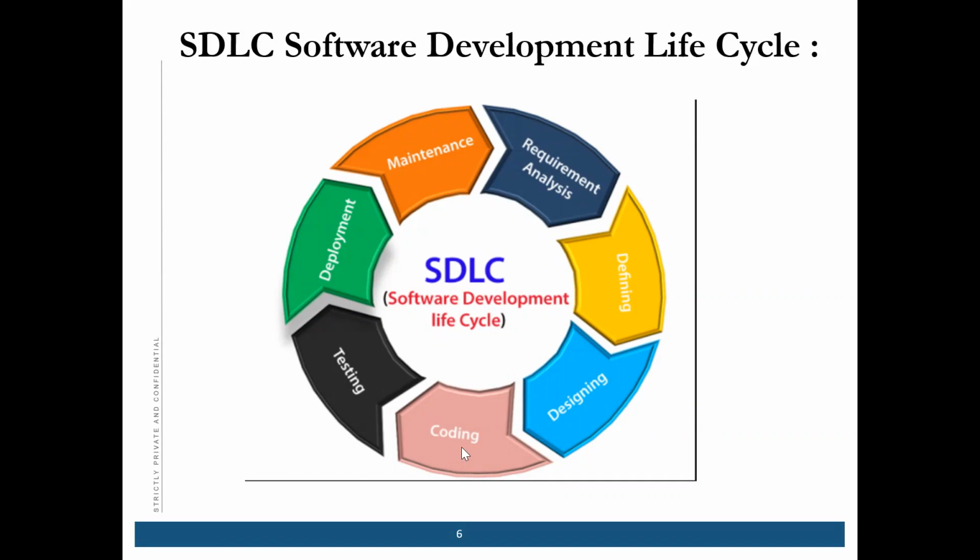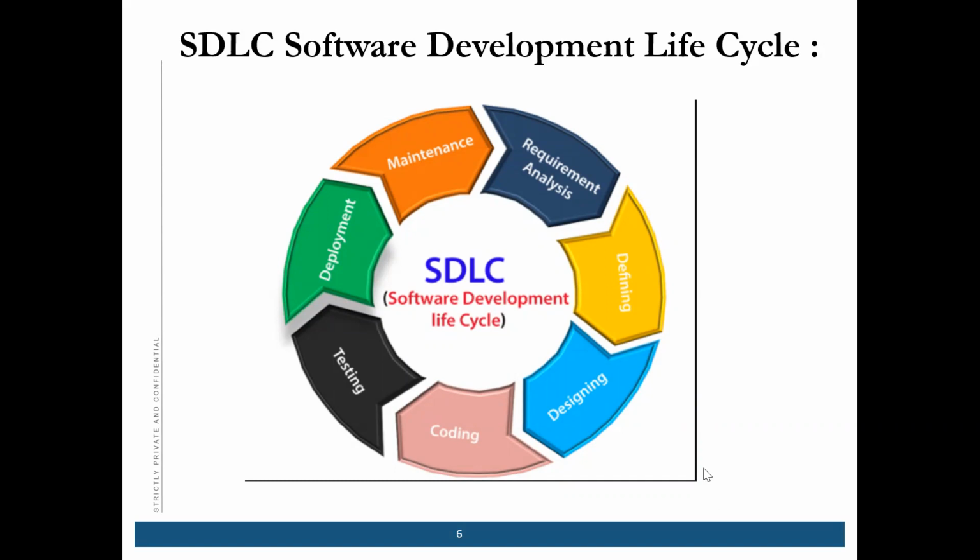Then starts the coding part. Coding is done by the developers, by all the developers. Designing is done by the architect and senior developers, because senior developers are also involved in it. They will tell you about all the classes, the base class, child class, and how the architecture should be, how we are defining everything.